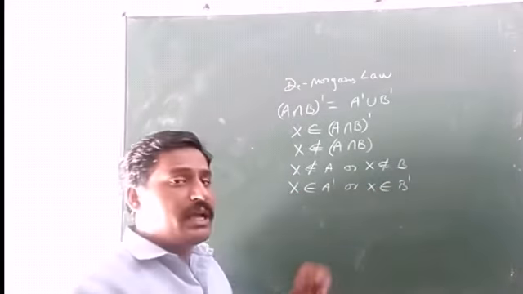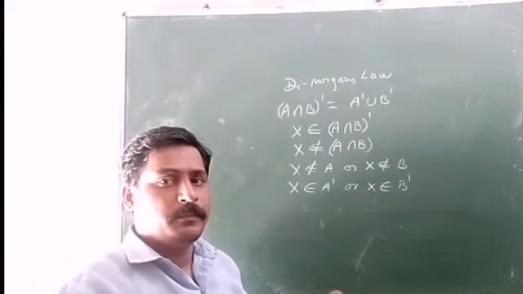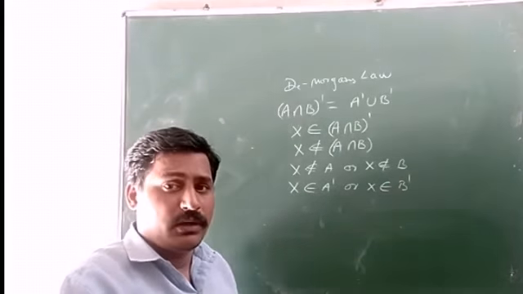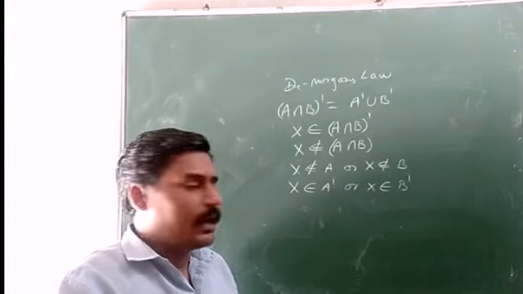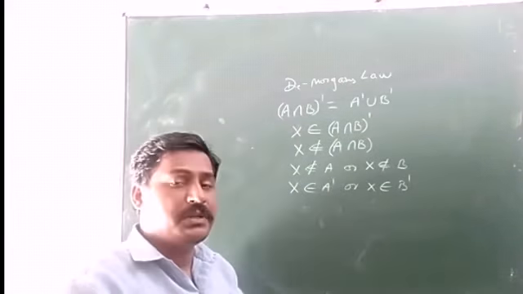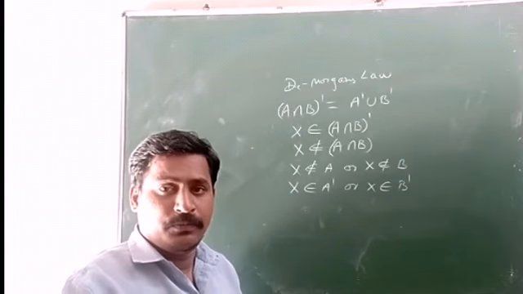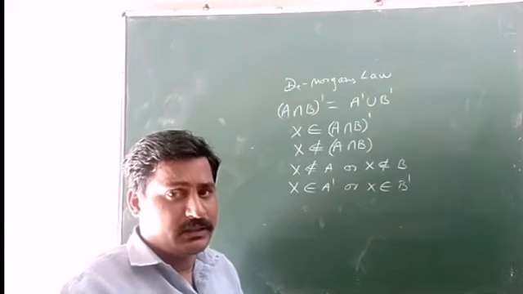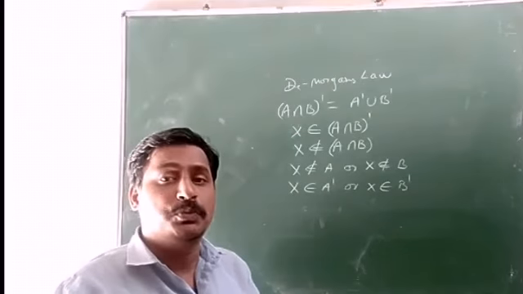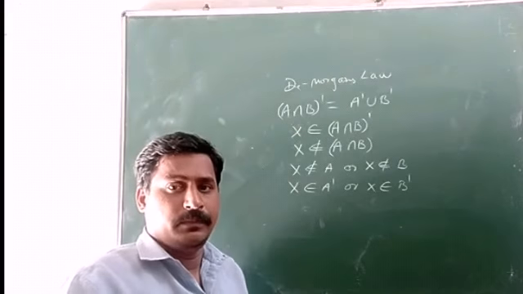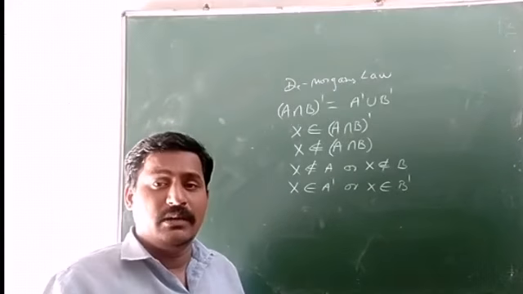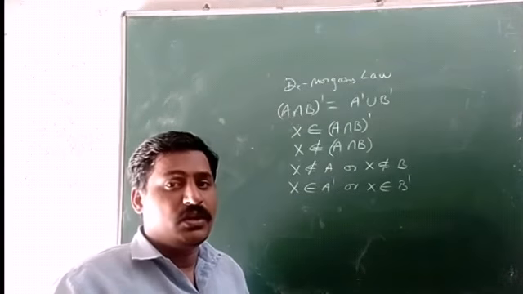That means either of A' or B' has the X value. I am not saying both have it. It may be A' which has the X value, or maybe B' which has it. Because a union of two sets means it may belong to both, or even if it is in just one set, it appears in the union.